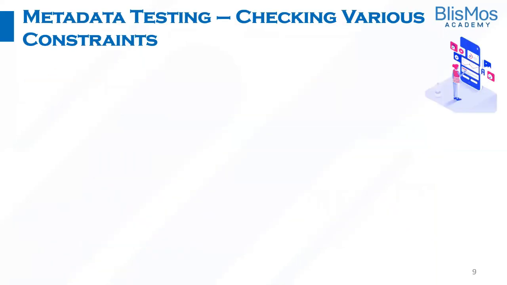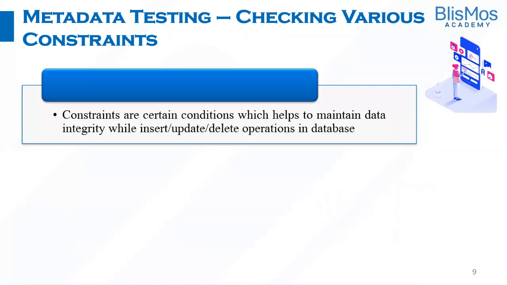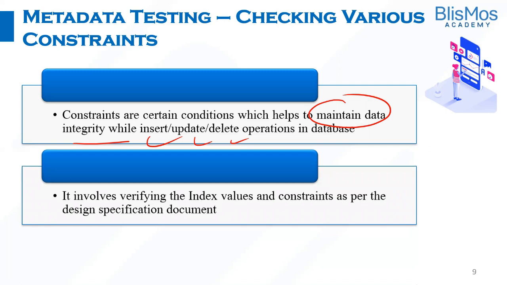Now, an important aspect is checking the various constraints. What are constraints? Constraints, as we have understood in our previous videos, are some conditions which help to maintain the data integrity while inserting, updating, and deleting the data in the database. How do we validate the constraints then? We'll validate the constraints by verifying the index values and constraints as per the design specification document.